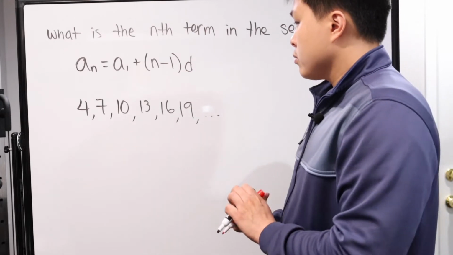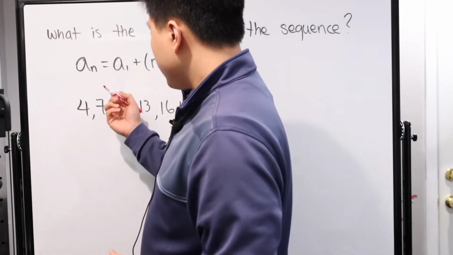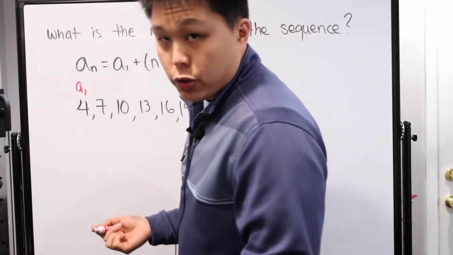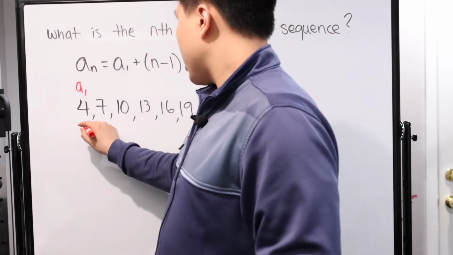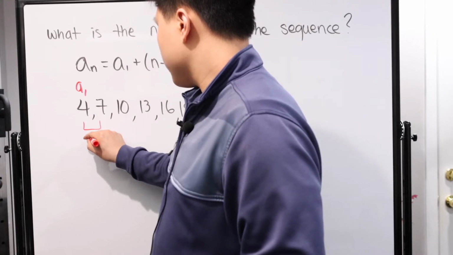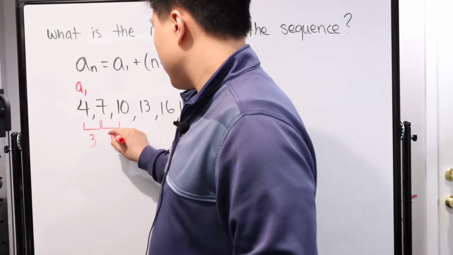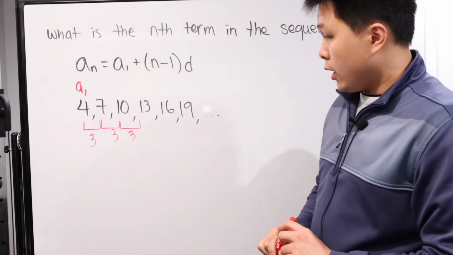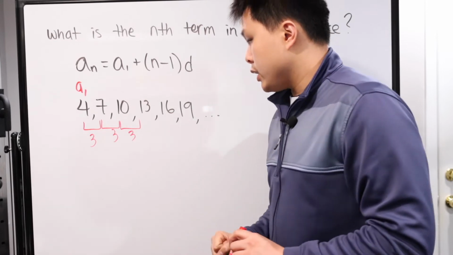All right, well, we're going to start off here. This is our a sub 1, our first term. We know that the common difference, at least we can see right here, is 3. Cool. That's not bad, right? That would give us our d already.